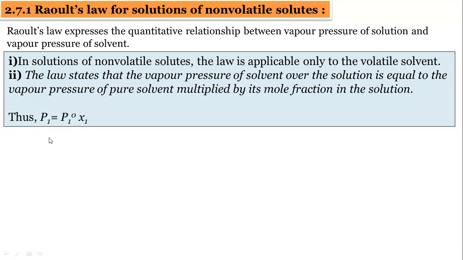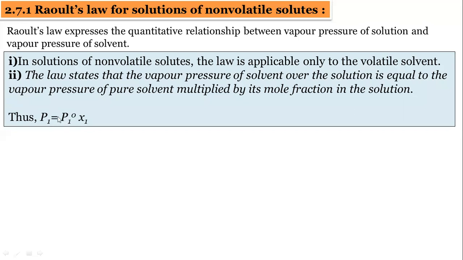Say P1 indicates the vapor pressure of the solution containing the non-volatile solute, which is equal to the vapor pressure of the pure solvent multiplied by its mole fraction. So X1 is the mole fraction of the solvent. P1 superscript 0 is the pure solvent, and P1 is the solution containing non-volatile solute, remember.